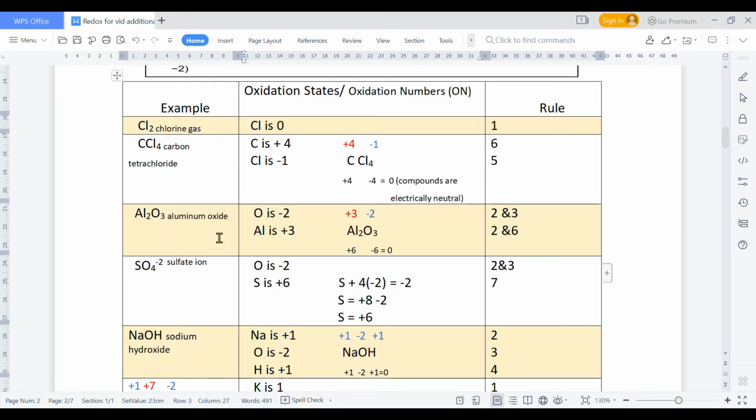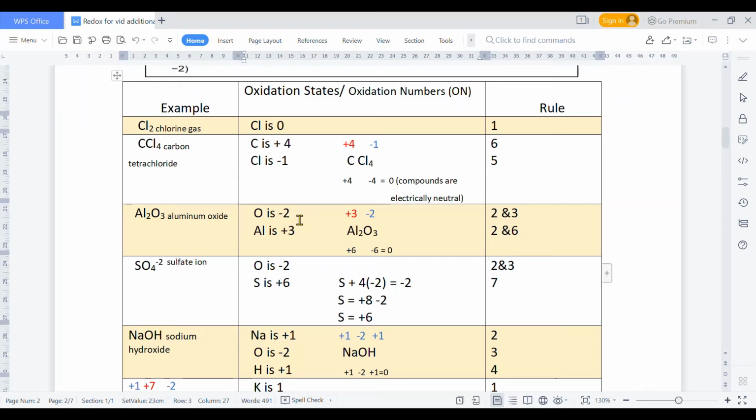Next, aluminum oxide. So, the oxidation state of a single or monoatomic ion is the same as its charge. And remember that for rule number 3, oxygen is assigned an oxidation state of -2. That is why this is -2. Okay.